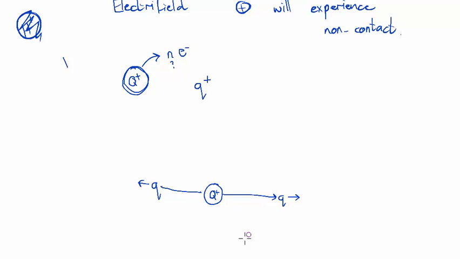And if I had to draw what are called field lines, they would just represent that anywhere here I would put a positive charge, it will push it away.